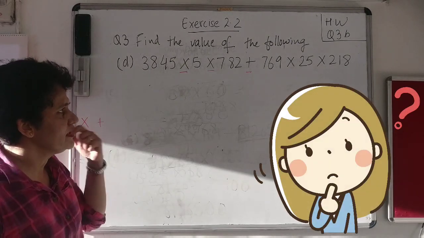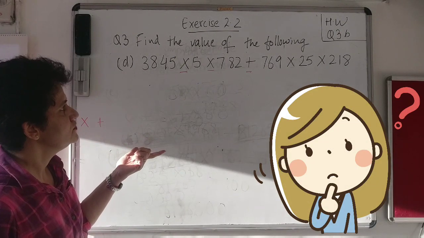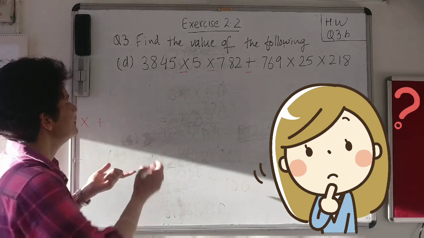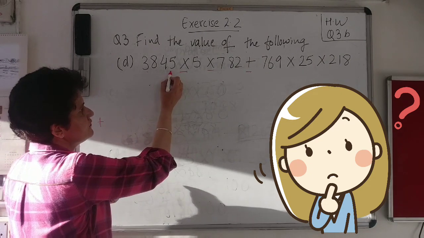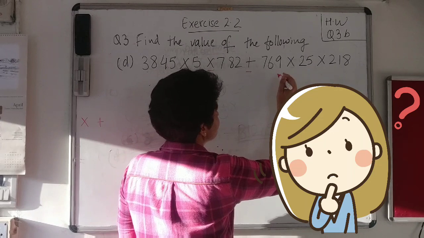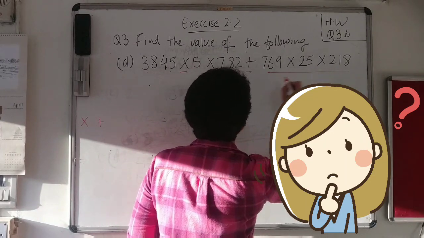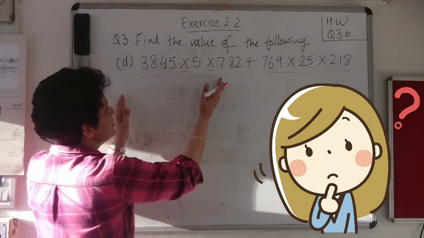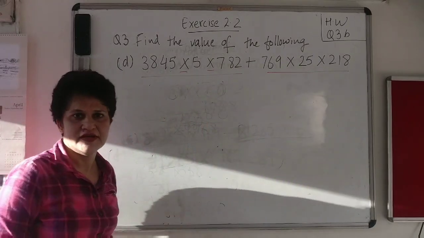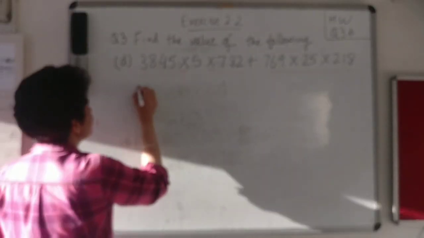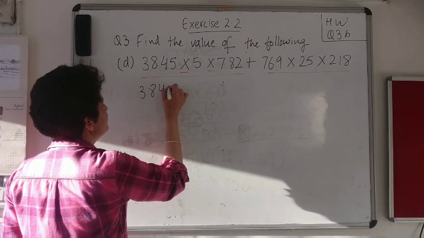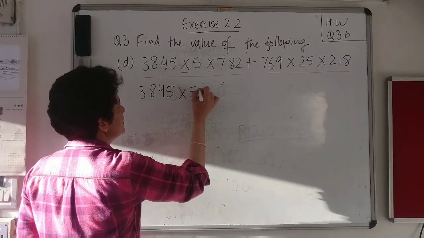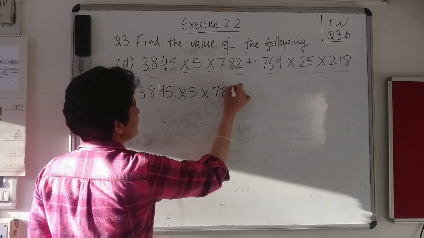So let's start solving and try to find out if there are any common numbers. When I start looking at it, just see, do you have any common number over here? We have 3,845. So we don't have any. So first let me underline this. This is one group and this is the other group. Now in these 2 groups of numbers, you have to find the common number. So what will I write? I'll write here 3845 multiplied by 5 multiplied by 782 as it is.